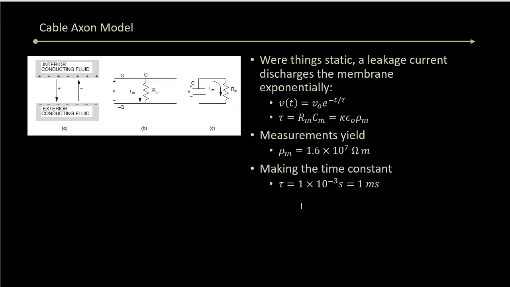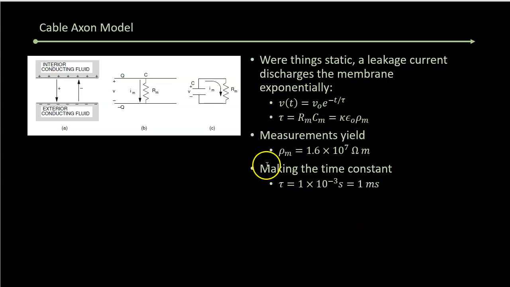So if things were static, as if there weren't any processes going on, there was no sodium potassium pump, none of that, and you just were going to let things go, and there's not really any fluids here that are setting through the Nernst equation a difference in concentration, then this voltage is going to decay with a time constant of about 1 millisecond.